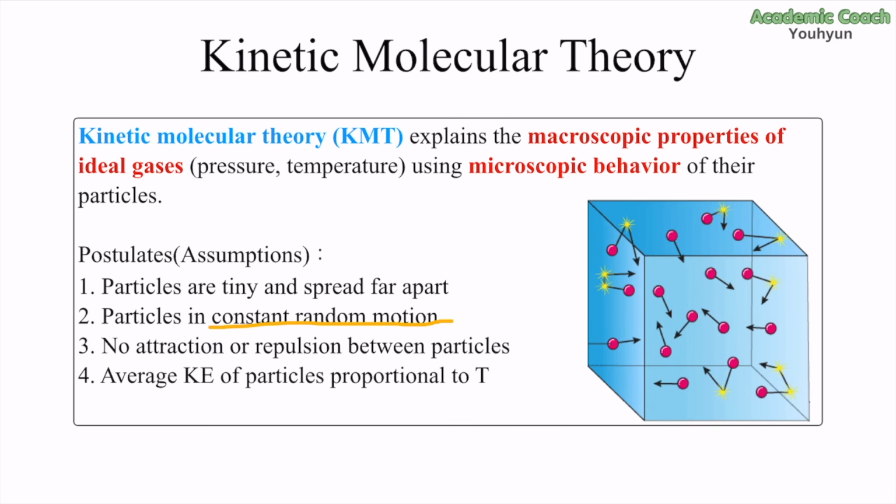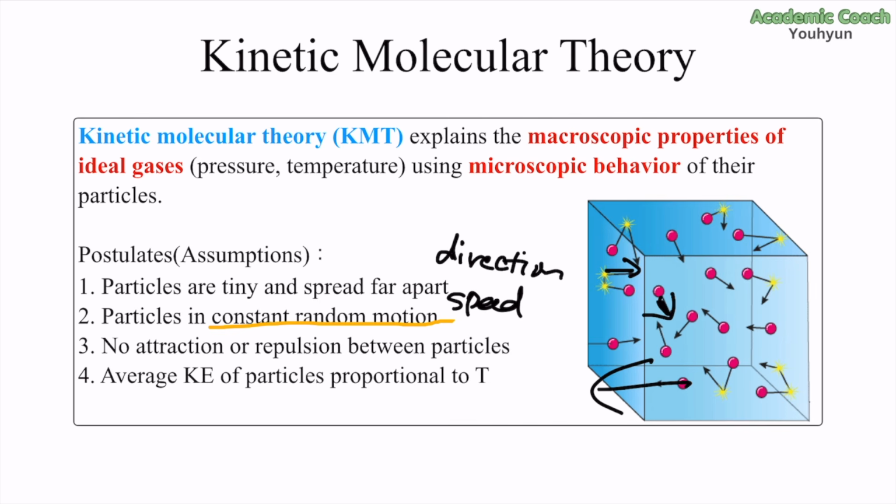What I mean by that is that they all move at different speeds. Some move at very small speed, and some have a very large speed. That also means that they move in all different directions. And next, there's barely any attraction or repulsion between particles.